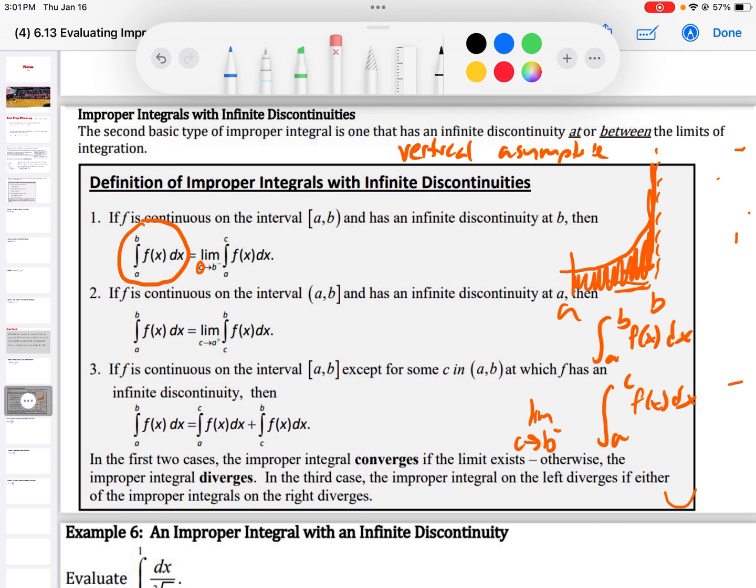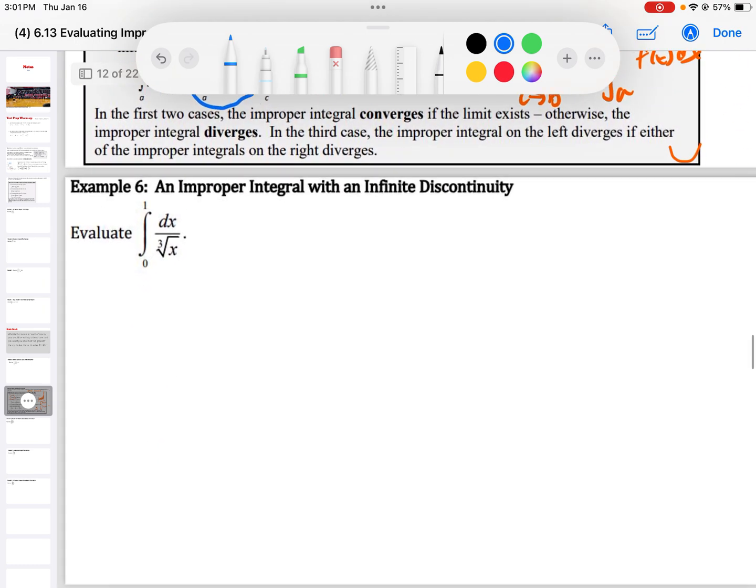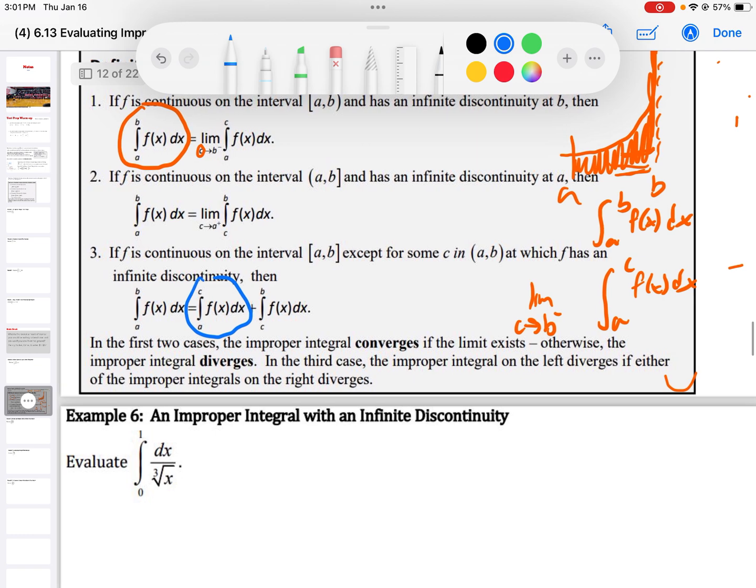And that's what that says. We'll do an example in a second, it might make more sense. If f is continuous and the infinite discontinuity is somewhere within a to b, then I would combine those two ideas, going up to it from the right and then from the left. We'll do an example.